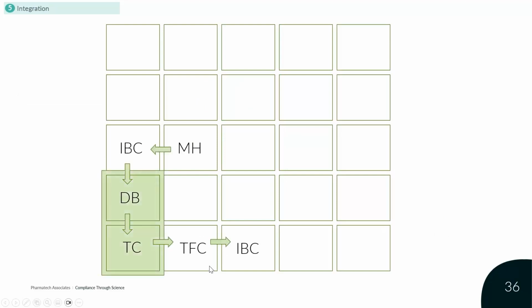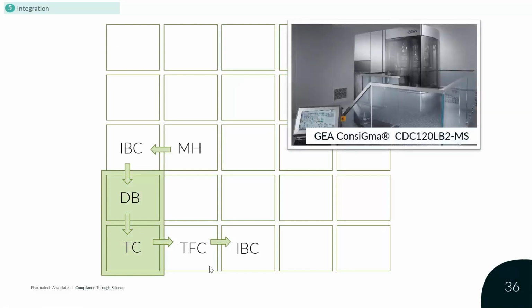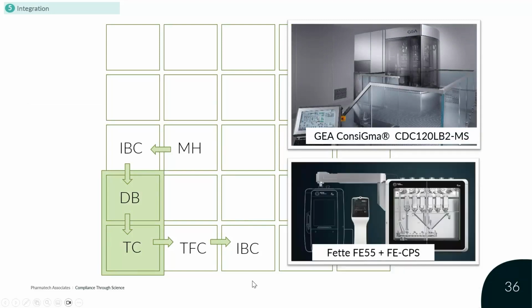And to show this, and this is the part what I called integration, you can get offers today from well-known vendors where these unit operations are highly integrated already in a system. Like here the CDC from GEA, where you're feeding and blending and compression boxed in one housing. Or recently from Fette now, also a nice combination of a dosing blending rig in combination with the tablet press.